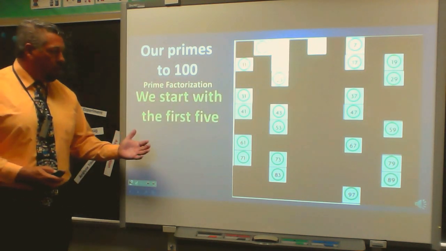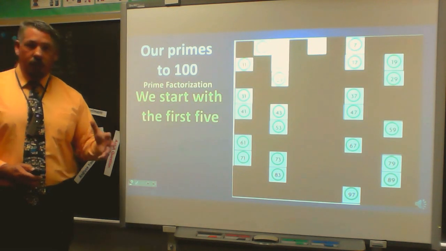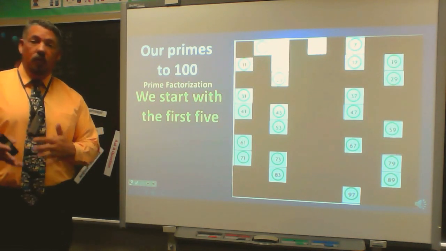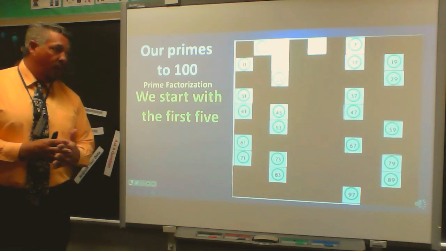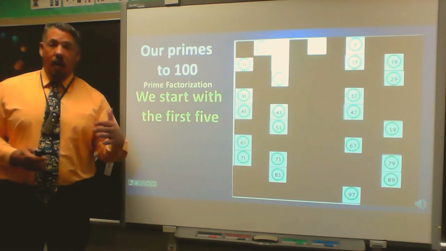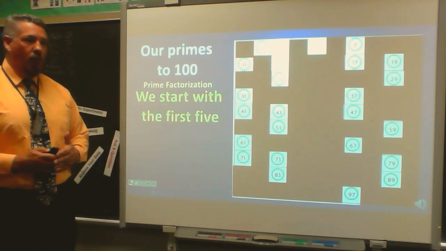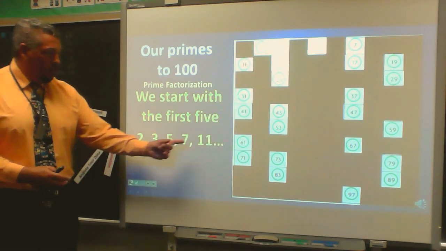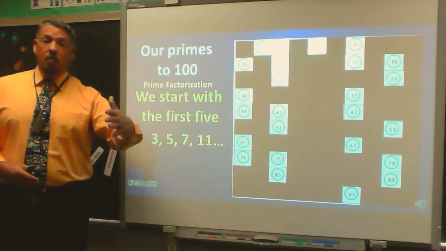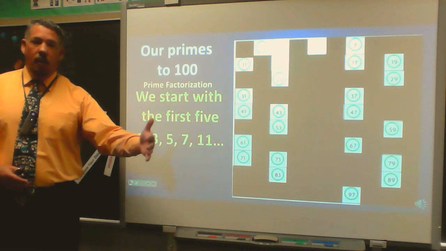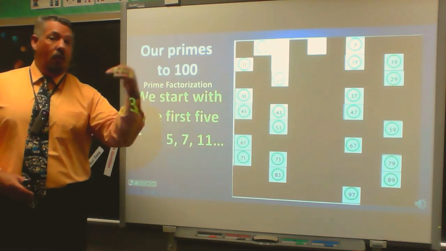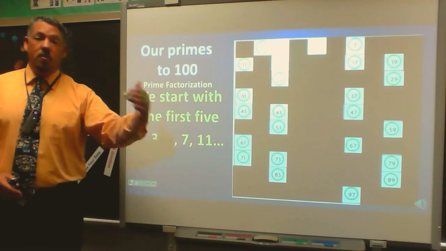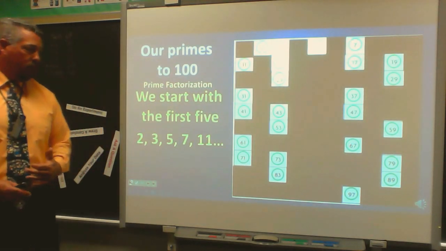So as I'm working through and I focus on learning my first 5 primes, I'm telling you now, if you learned your first 5 primes, then everything becomes easier beyond this point. So 2, 3, 5, 7, 11 is what we're talking about. Notice the dot, dot, dot. That means it could be any other prime beyond that. And remember, we have primes that go beyond 100 because numbers are infinite and they go on forever.